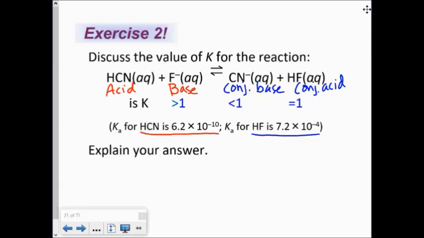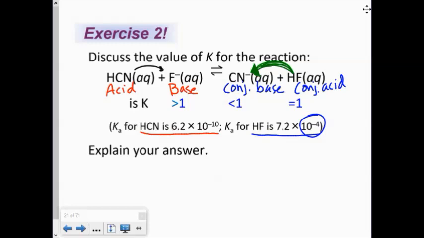Basically, this one is going to be donating, so make the arrow bigger, and this one a much smaller arrow, not so big. So the HF donating to the CN is going to be a much more dominating process. Its Ka is 10 to the minus 4.